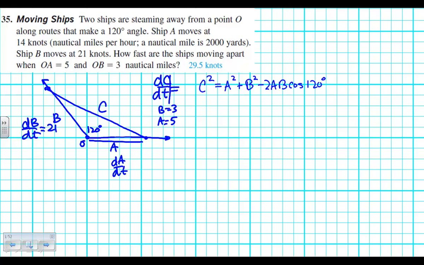Okay, now, I love this formula. This is called the law of cosines. The Pythagorean theorem works great as long as the angle is 90 degrees between the two adjacent sides. This formula says that if I know two sides and the angle in between, I know everything about this triangle.